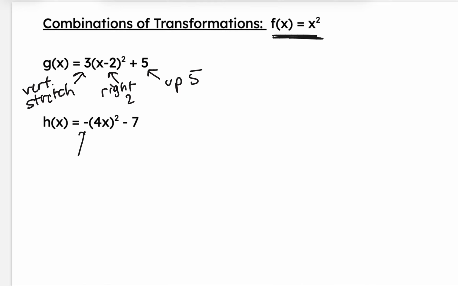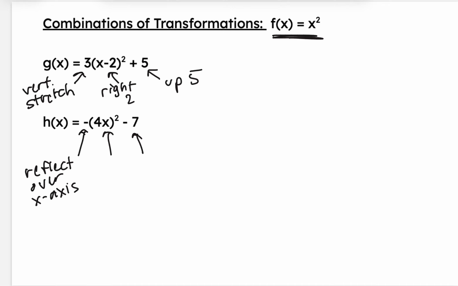Okay, the next one I have 1, 2, 3 different transformations. So the negative out front is going to be a reflection. And because it's outside of the parentheses, it's going to be a reflection over the x-axis.